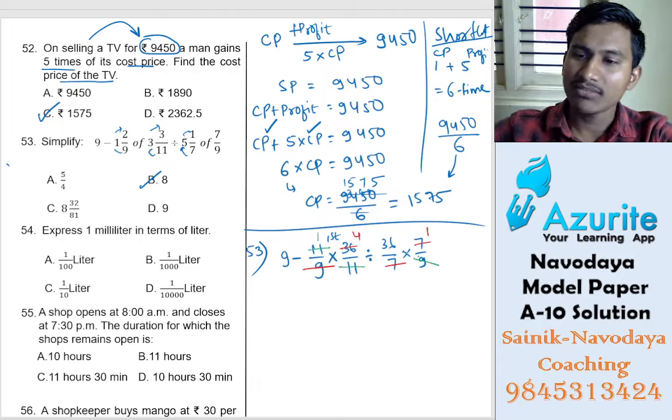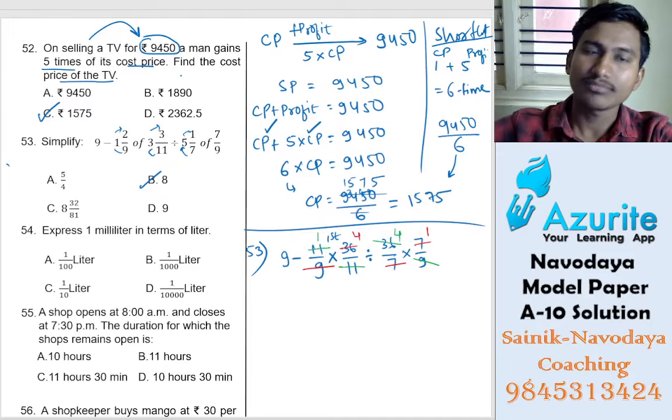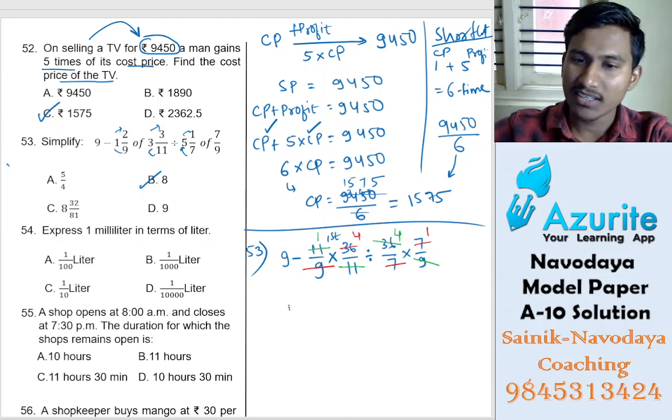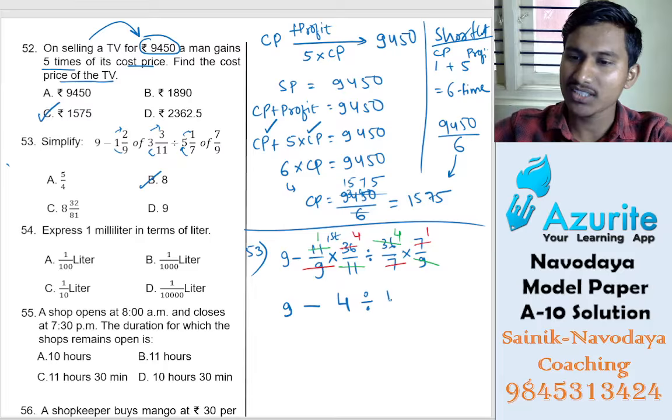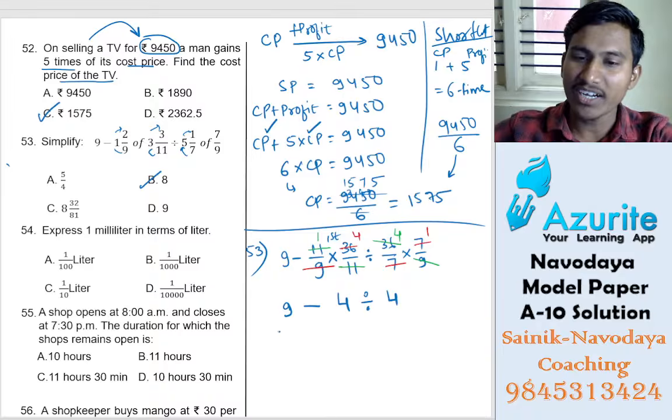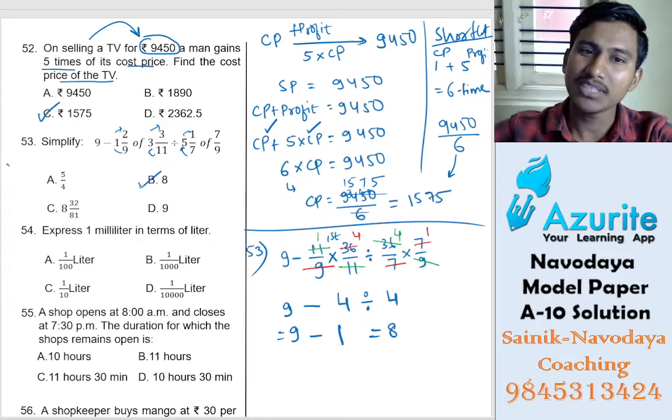Here 9 4s are 36. So what is remaining? You write it down. That is 9 minus, here 4 is there, 4 divided by, as it is, here also 4 is there. So 4 divided by 4 means how much? 1 is the answer. So 9 minus 1, 8 is the answer, option B here.